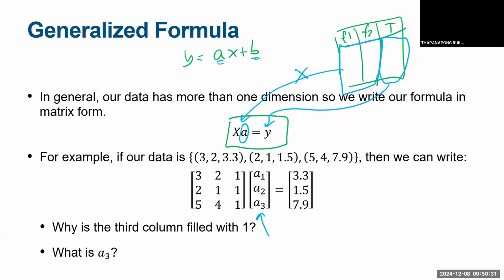For each feature column, it's going to have its own slope: slope a1, slope a2. Our data has x1 and x2, but when I write the matrix, one column will have to be one. Now you think a1 is for x1, a2 is for x2. What is a3 for?